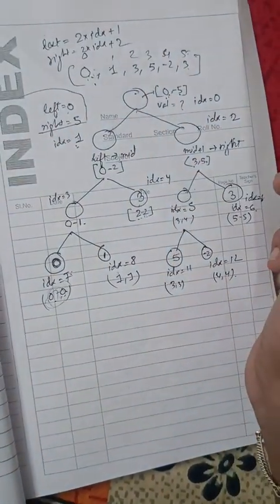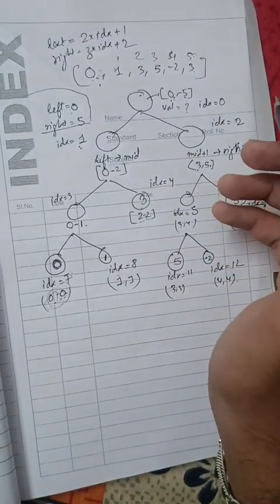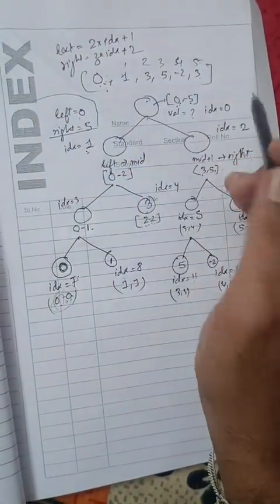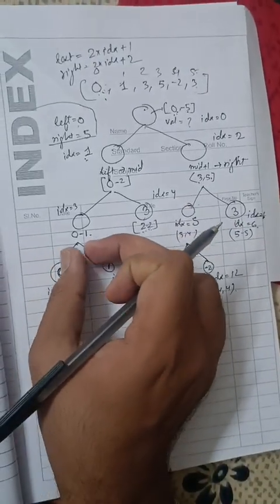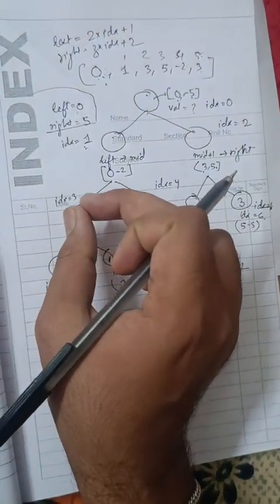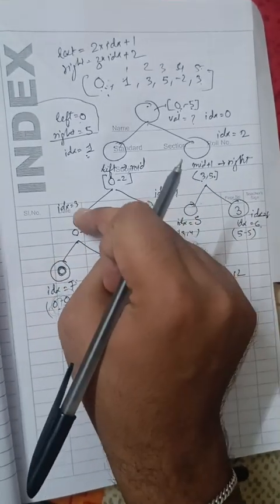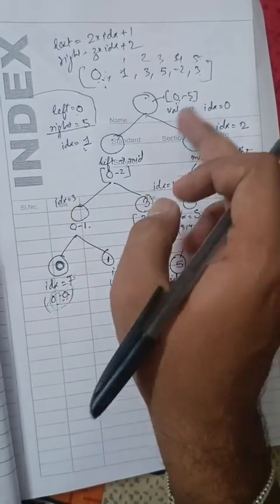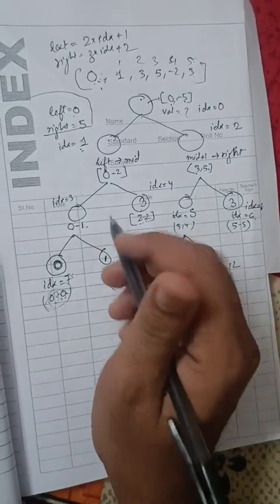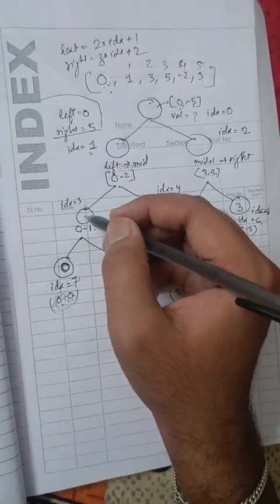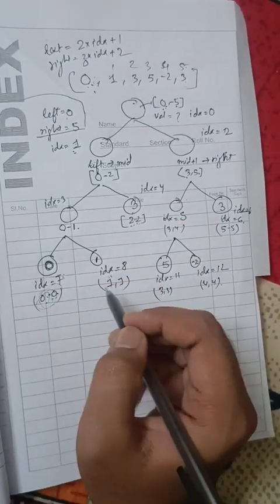Suppose now, as you can see, if we have to find the summation, what I can do is simply add both, and the value of the summation will be here. So if there is a query of finding the summation from 0 to 1, then I can simply return from there, because this will represent the summation of range 0 to 1.